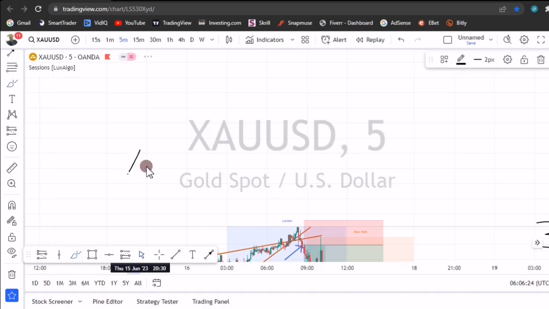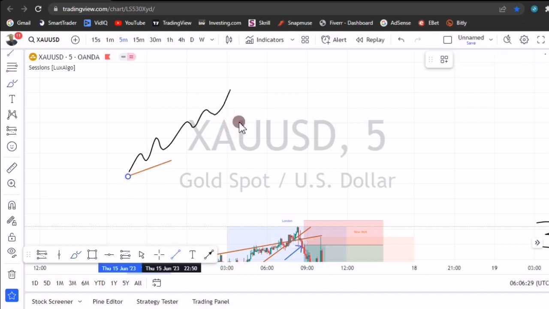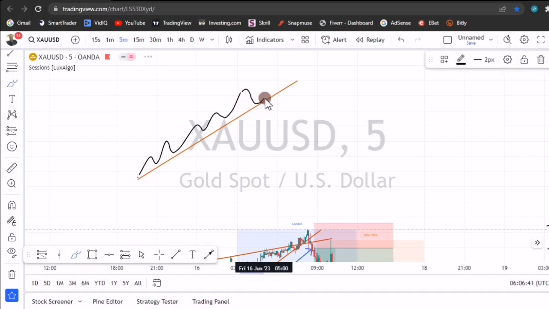You know, whenever you see price moving in a trend like this, let's say you have this trend line right here, okay, you see price breaking that trend line and then coming down right here where the breakout happened.